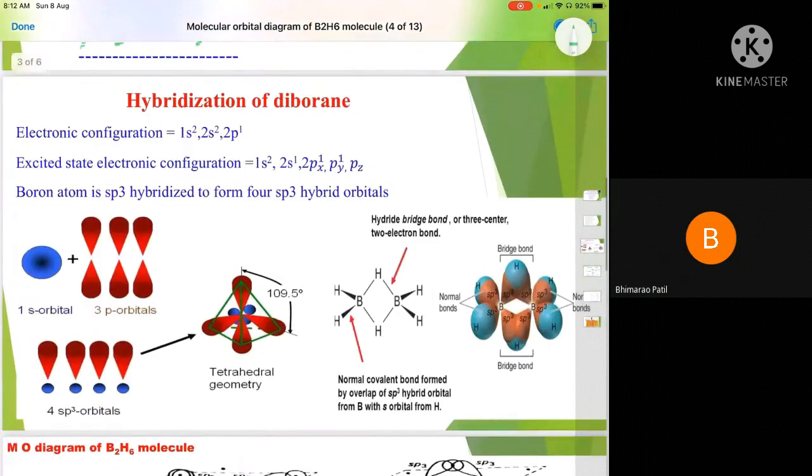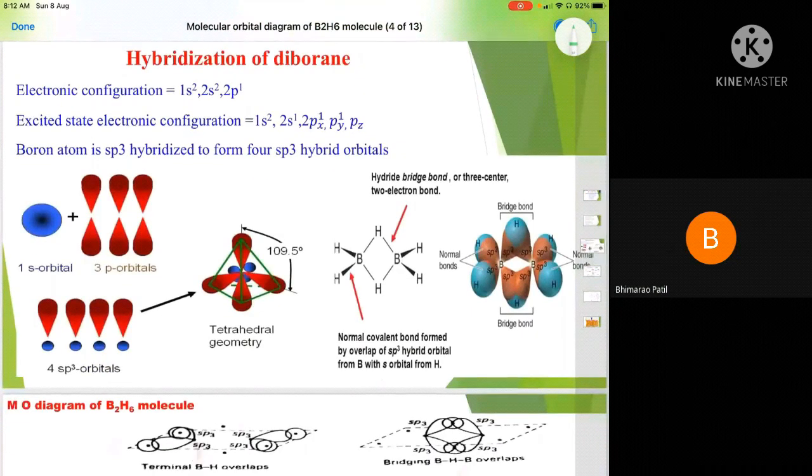Then let's go to the hybridization of diborane. You know that we already discussed the electronic configuration of boron is 1s2, 2s2, 2p1. If you consider the normal ground state electronic configuration, then only one unpaired electron is present in a 2p atomic orbital of the boron.